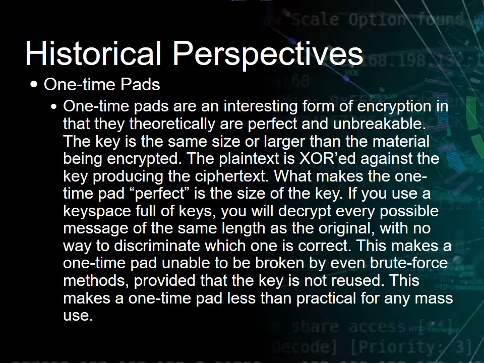If you use a key space full of keys, you will decrypt every possible message of the same length as the original, with no way to discriminate which one is correct. This makes a one-time pad unable to be broken by even brute force methods, provided that the key is not reused. This makes a one-time pad less than practical for any mass use.